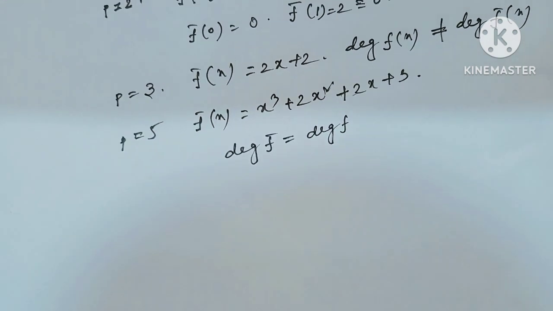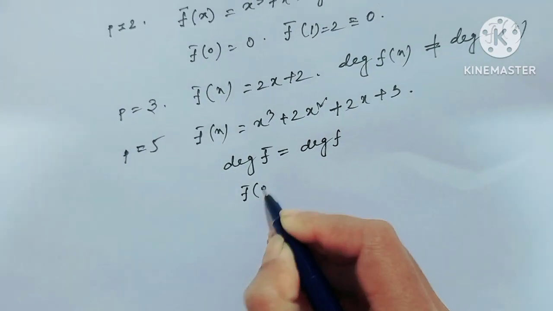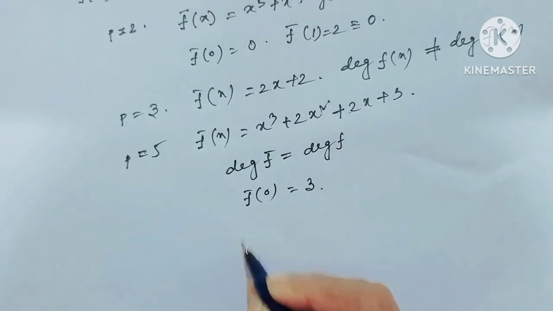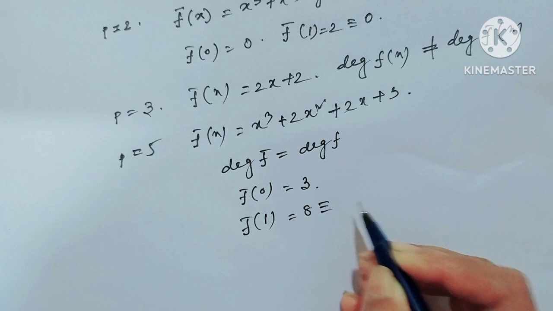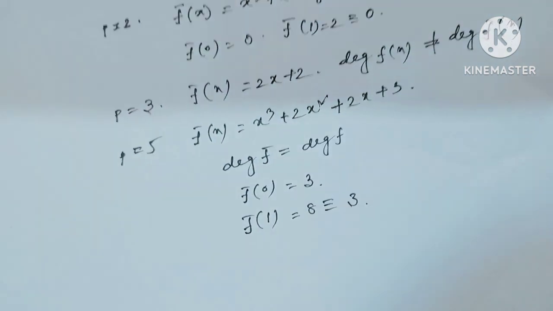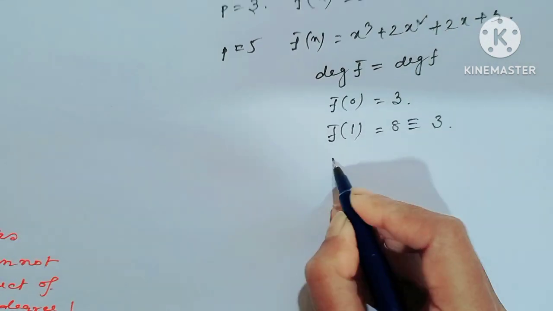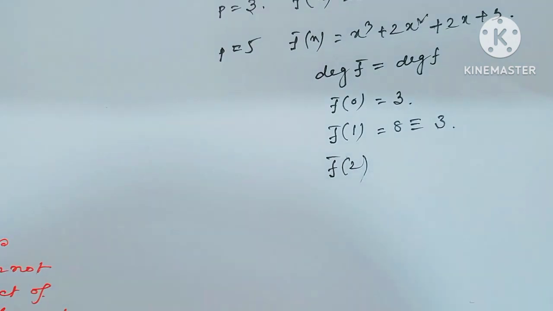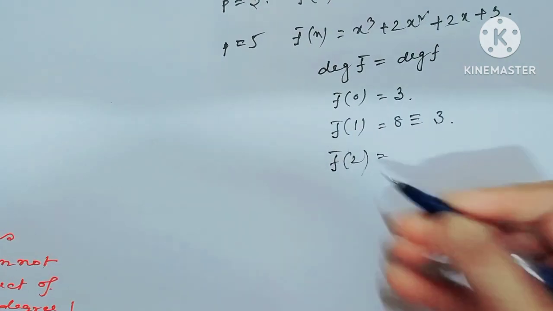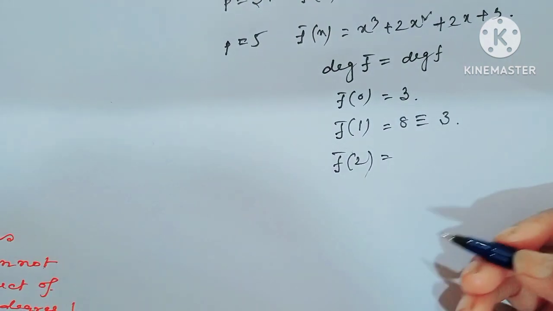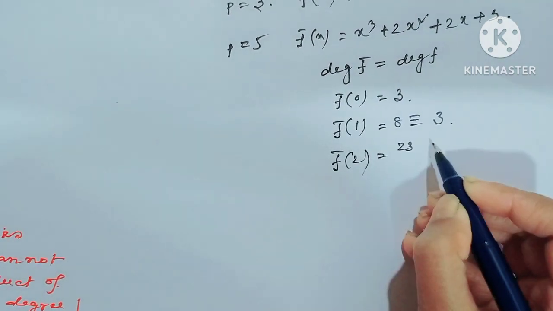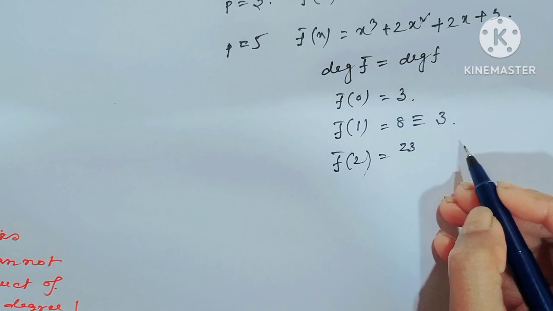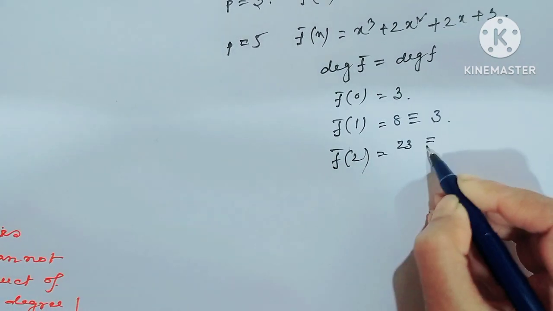For the second condition, notice f bar(0) is equal to 3, f bar(1) is equal to 8, and in mod 5 this is congruent to 3. f bar(2) would be 8 plus 4 plus 3 plus 7, which is 23, and in mod 5 this is congruent to 3.